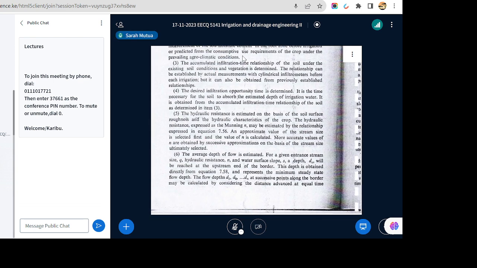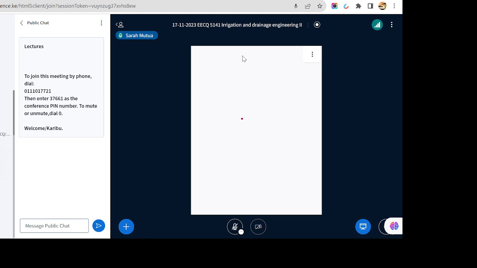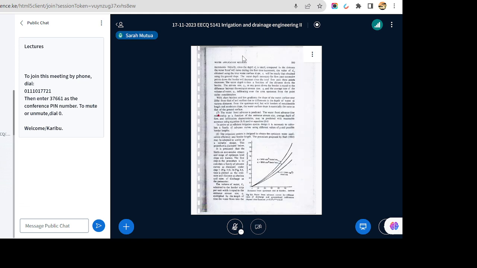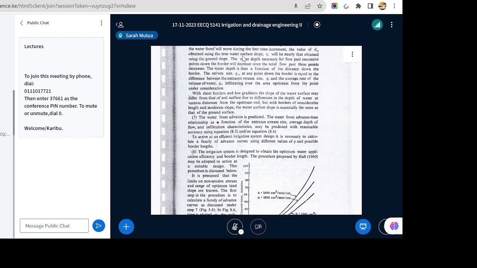So the average depth is estimated. And then next, we are supposed to determine the waterfront advance that is predicted. That is the value X in that profile that I've just left.